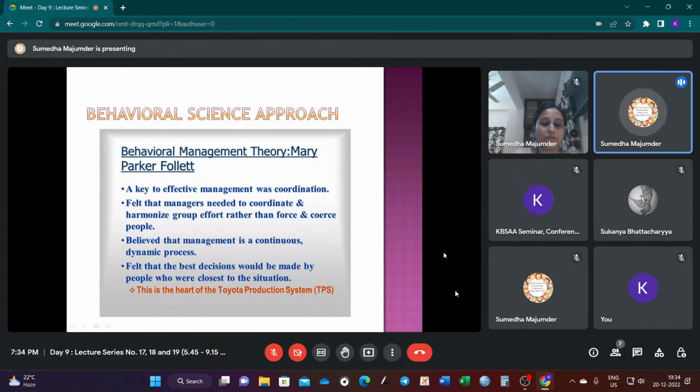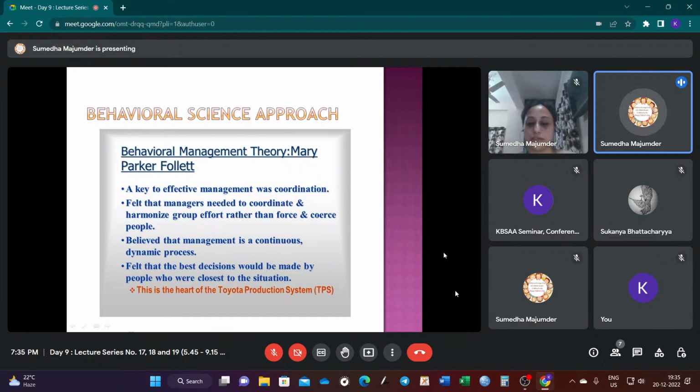If the operative level of the workers transfer their feedback towards the top level or the strategic level of management, then definitely after getting that feedback from the operating level of the workforce, that decision should be very much realistic. So behavioral science approach also believes that the best decision would be made by the people who are closest to the situation.